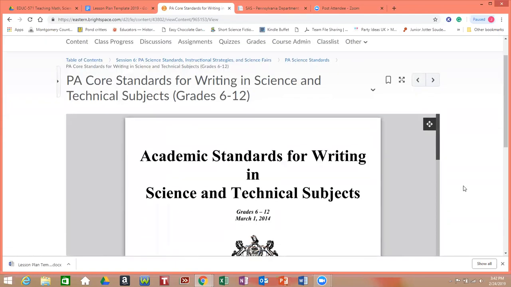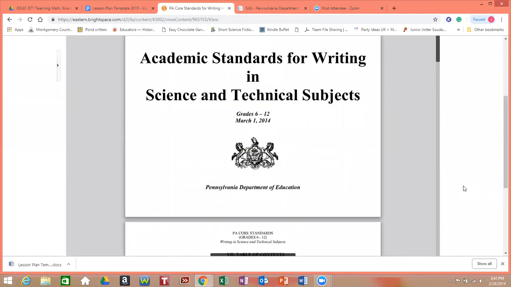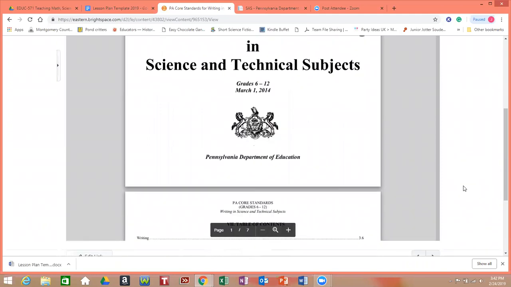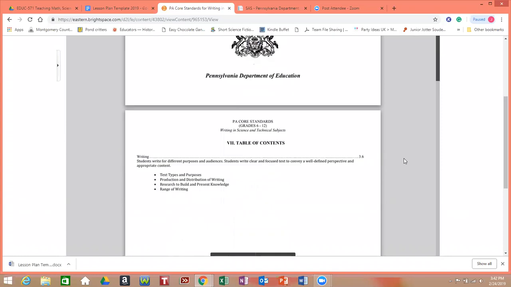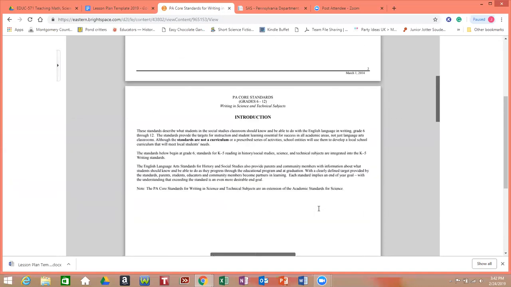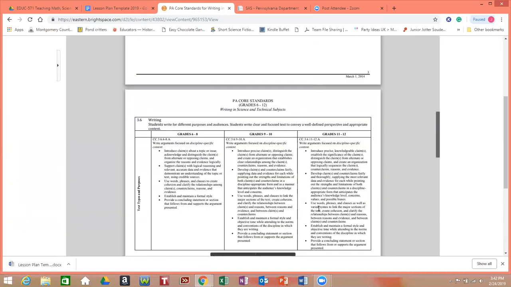It's important in all the grades, really, being able to write scientifically. The point is that there are different ways of writing. You have a different audience when you are writing for science versus writing a creative piece. So that's some of the things that you'll see throughout here when you look at the standards.